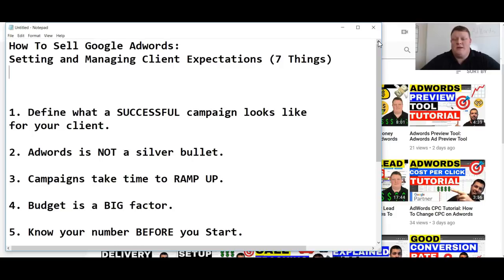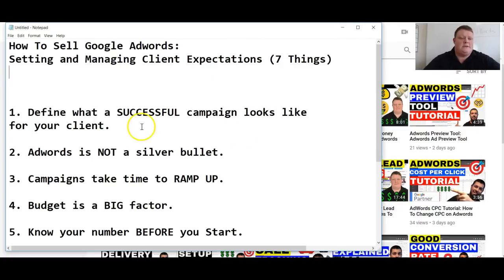If your numbers and your business are built on bad math, meaning profitability of the business, AdWords isn't going to help that. It's just going to exacerbate that because you're spending more money that you don't have. So AdWords is not a silver bullet. We try to pick industries we know we can help, but again, just be selective with the types of clients you work with, and refer back to number one with finding clients that have large lifetime values. It'll just make your life easier in the long run.